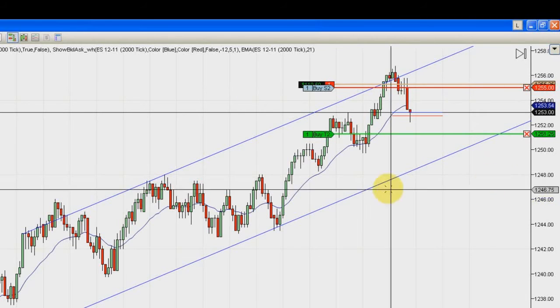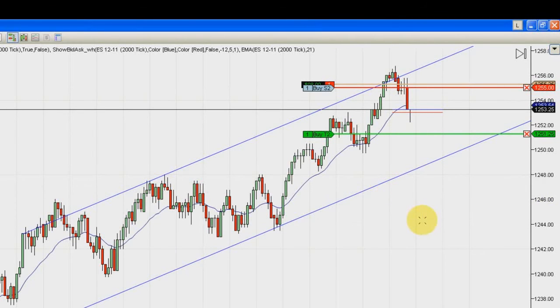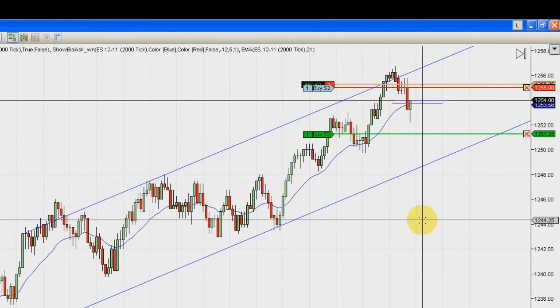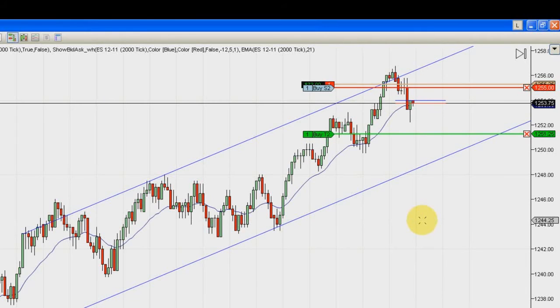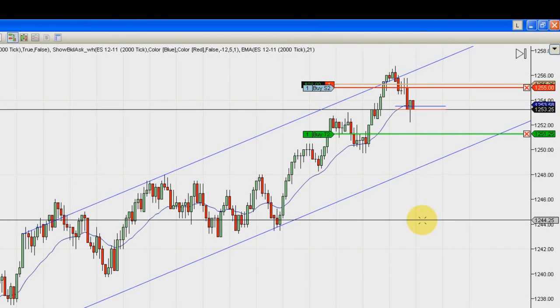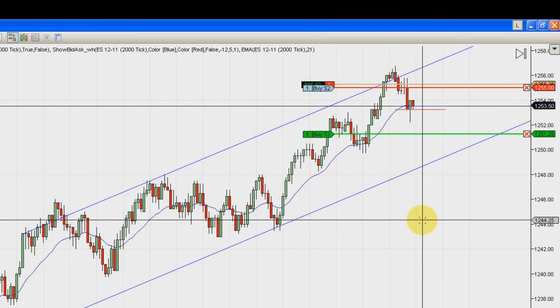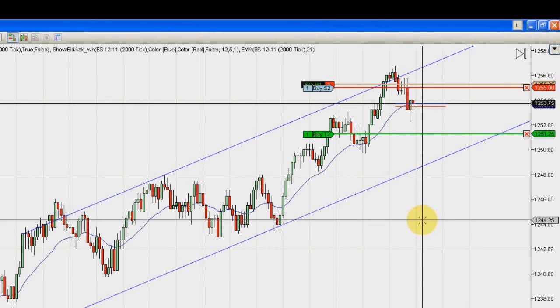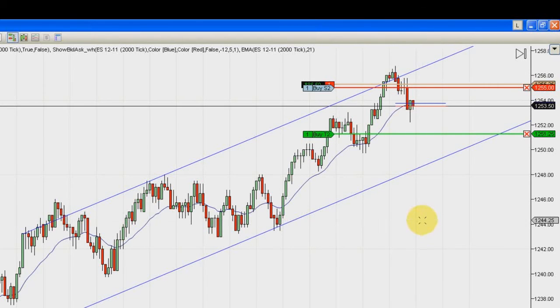So the worst thing that can happen now is it backs up and we only get 1 tick off of this second contract. We've already got 4 ticks in the bank on 1 contract, and now we're trying to get 2 points off this runner. So we're just waiting.